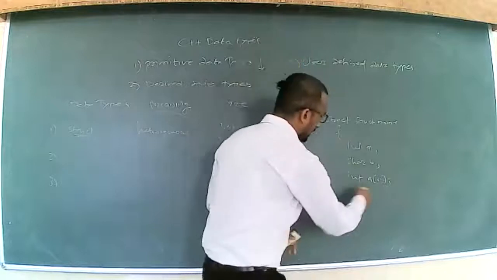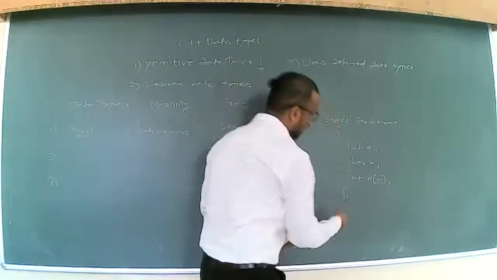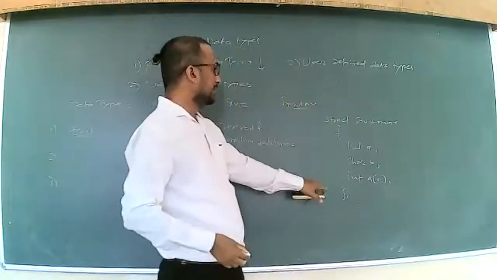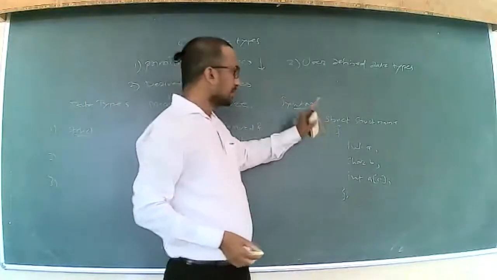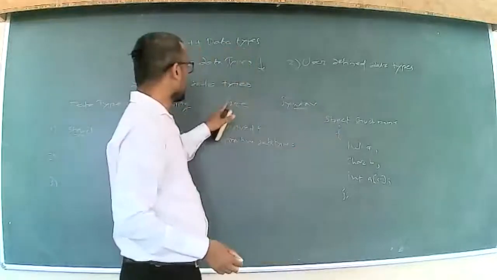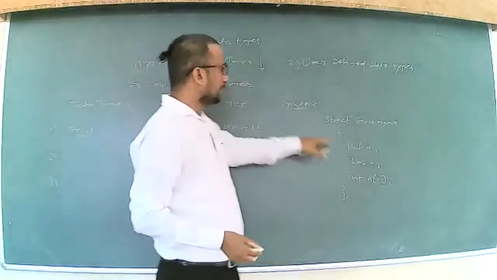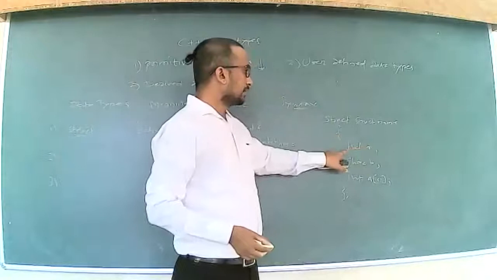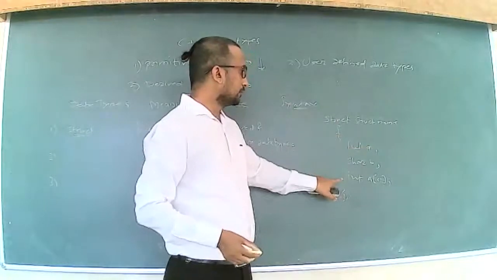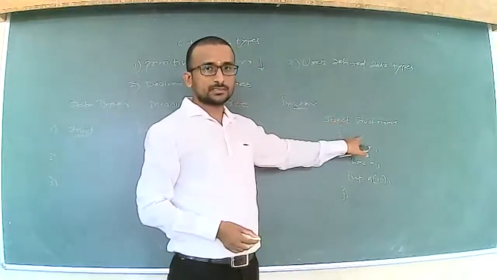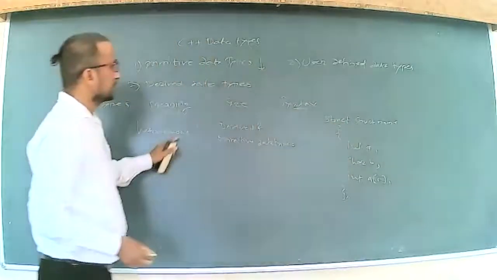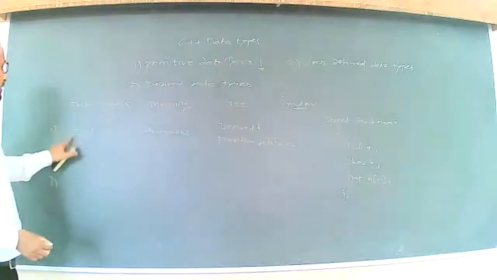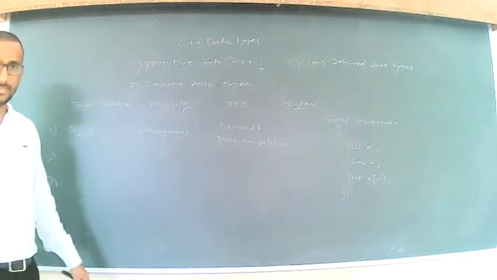And closing braces, semicolon. So this is nothing but the declaration of your structure. The size of your structure will depend on the data types that you have used in your structure, right? So this is the syntax for your user defined data type structure, right?